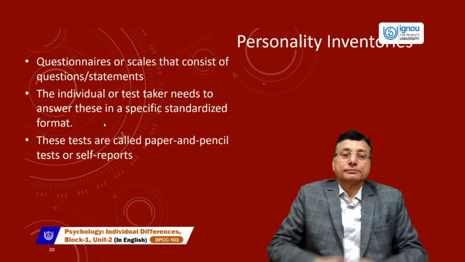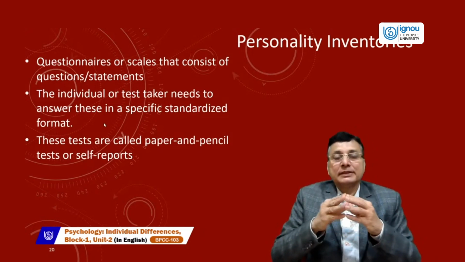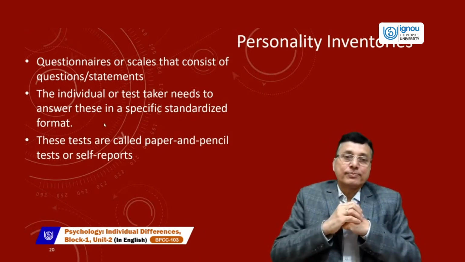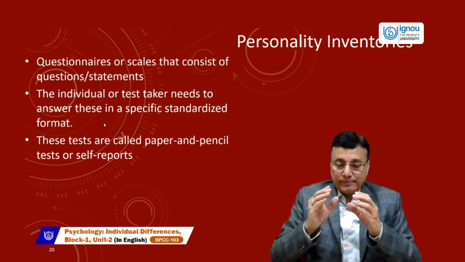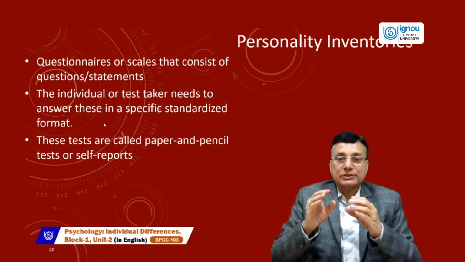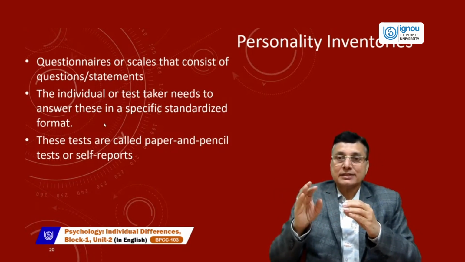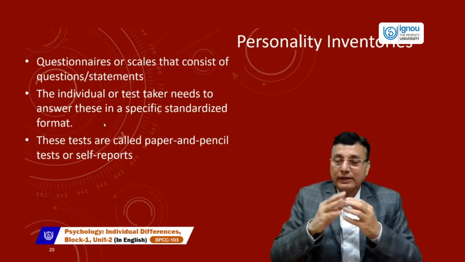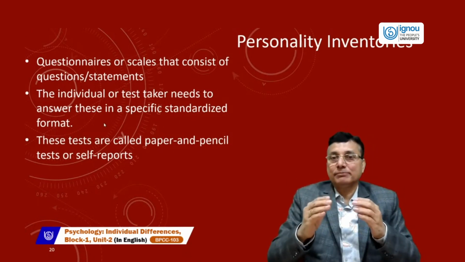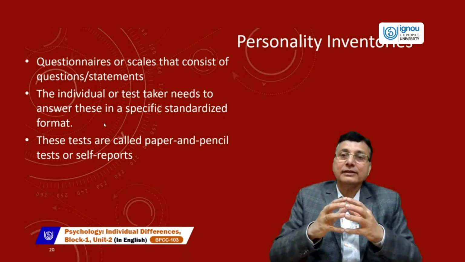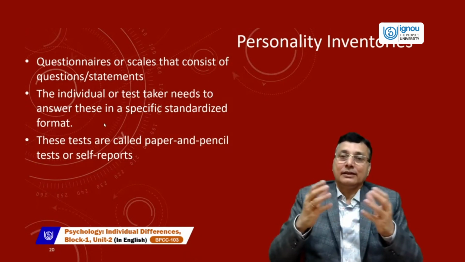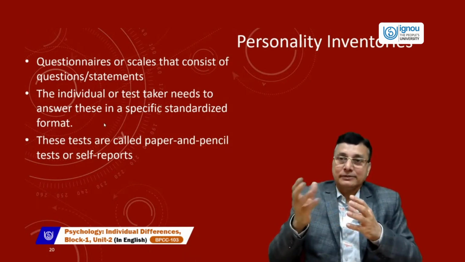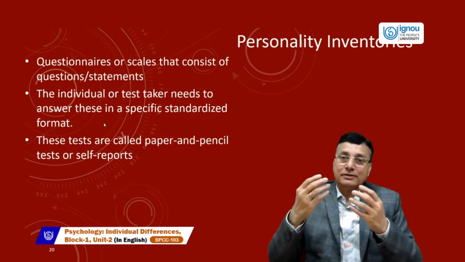So basically, what happens? There are certain questions. For each question, there will be an answer, yes or no. Sometimes on Likert type scales, for example, I strongly agree, I agree, undecided, I do not agree, I do not agree at all.